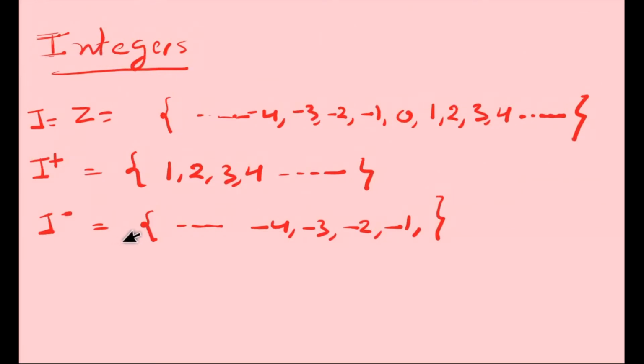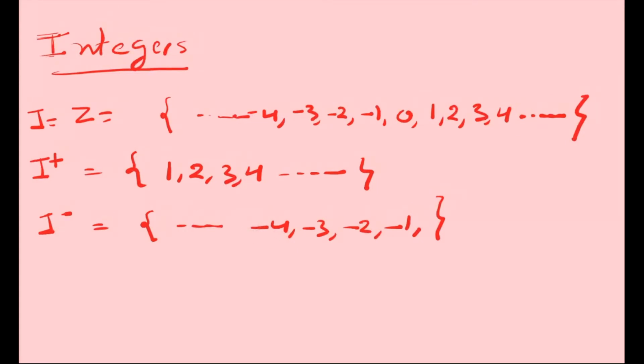These are negative integers, these are positive integers, and including 0, all are integers. Only 0 1 2 3 are whole numbers, and 1 2 3 4 are natural numbers. So this way we conclude that numbers increased as they were used in history.